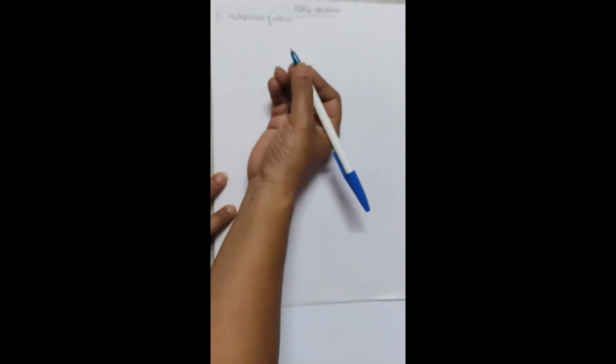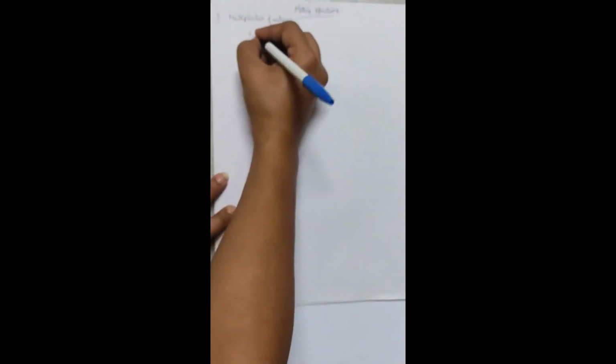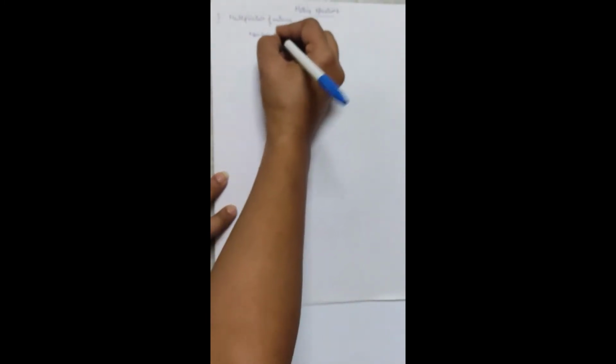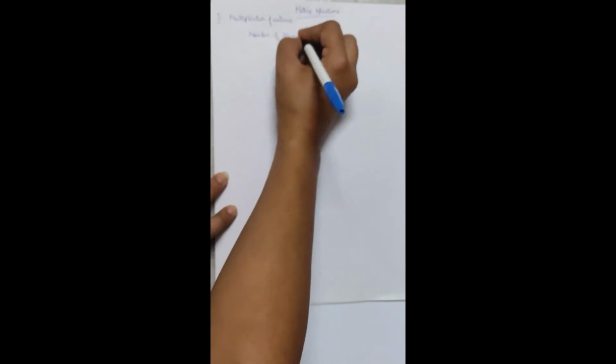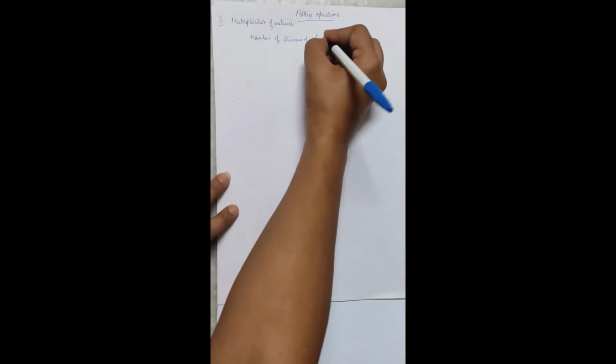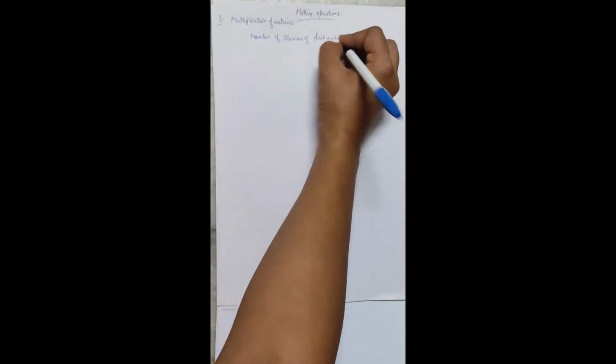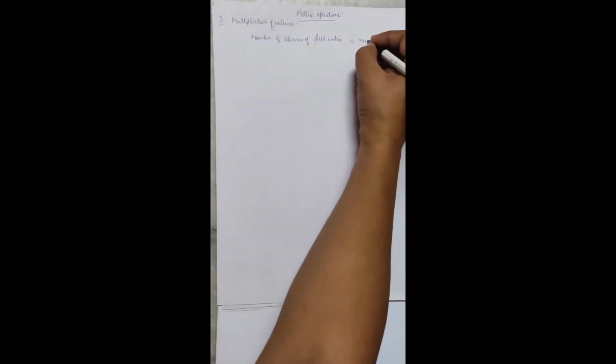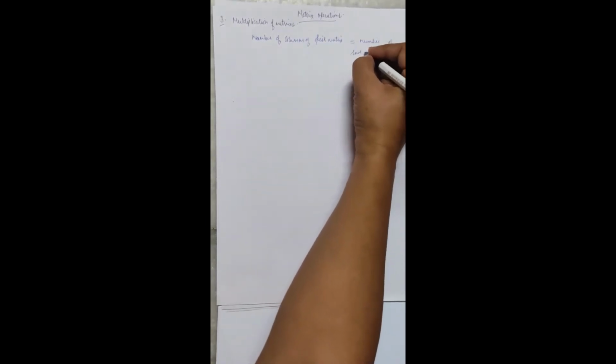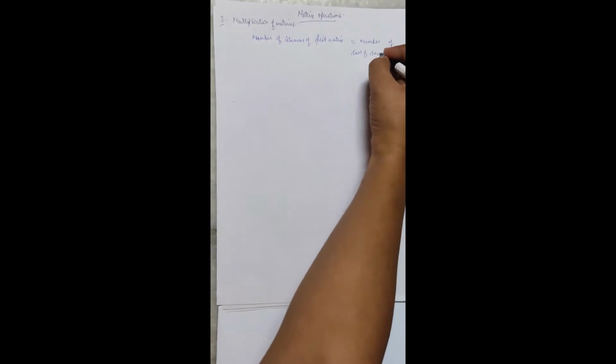So the condition here is that the number of columns of the first matrix must be equal to the number of rows of the second matrix.